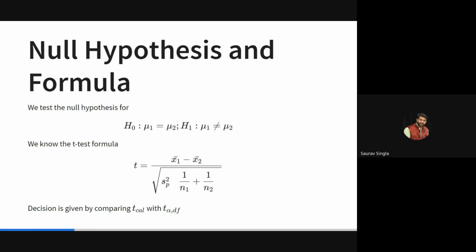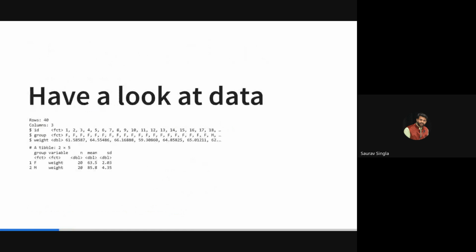Based on that distribution, it has some value at particular degrees of freedom, based on the size of the sample. In this case the sample size is 20 and 20, so in total you have 38 degrees of freedom.